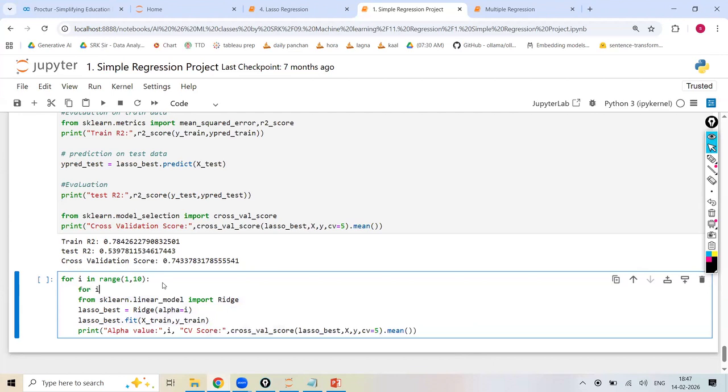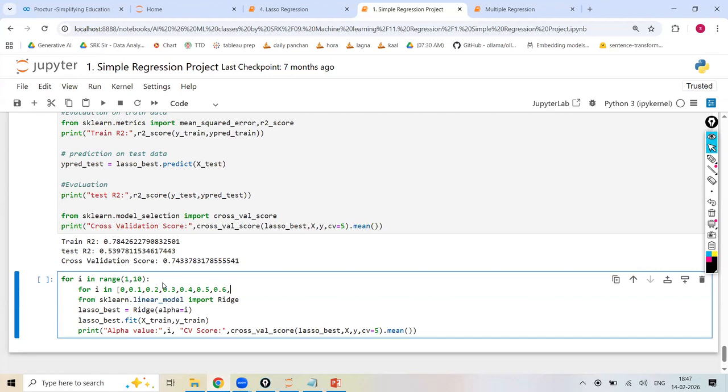For i in, again, range of, what is the range? For i in list of 0, 0.1, 0.2, 0.3, 0.4, 0.5, 0.6.